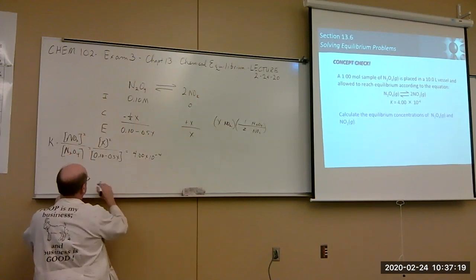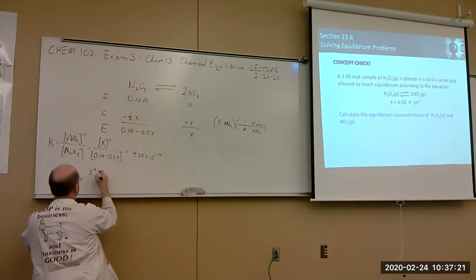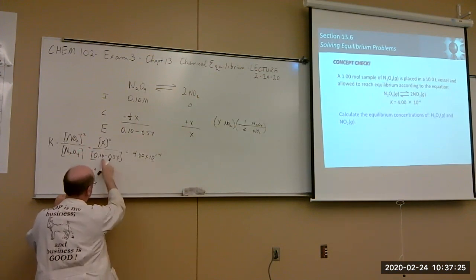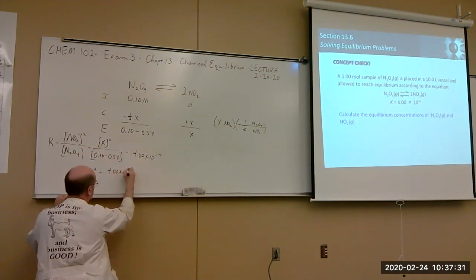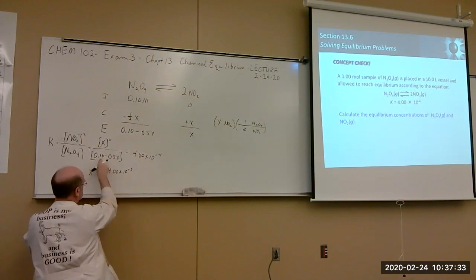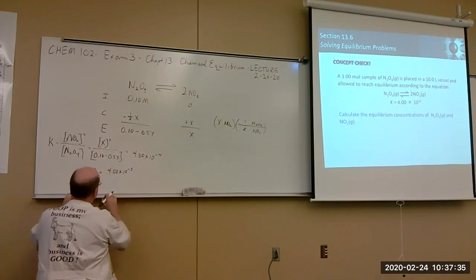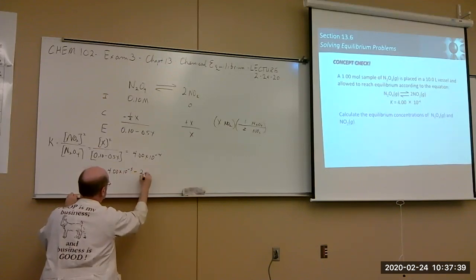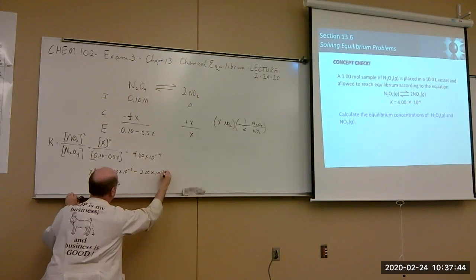Right? So this would be x squared equals that expression times this expression. So 0.1 times that is what? 4 times 10 to the minus 5. Because this is 10 to the minus 1. And then minus 4 times a half is what? 2 times 10 to the minus 4 x.